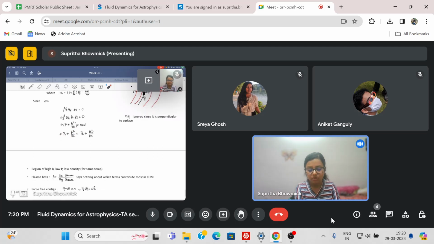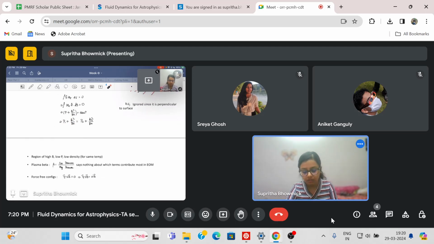Okay. Now, one point to note is that beta being smaller than 1 or larger than 1, which means that gas pressure being smaller or larger than the magnetic pressure, does not tell you that you can drop the gradient of P term in the equation of motion or the Lorentz force term, because these are pressures, whereas the force terms that come as a result of the gas pressure or magnetic pressure depend on the gradient or curl.